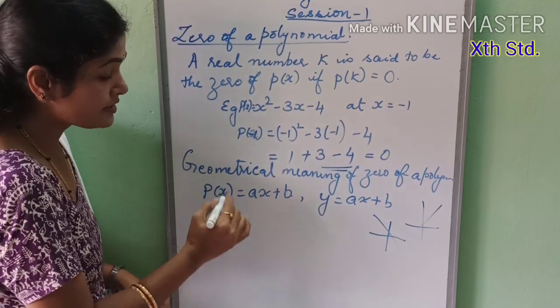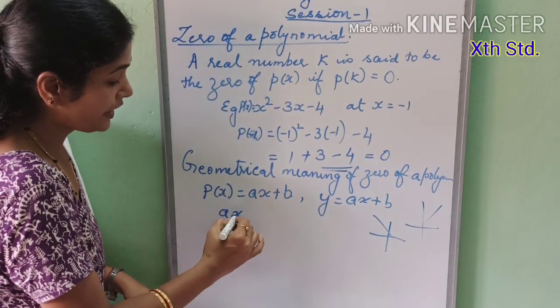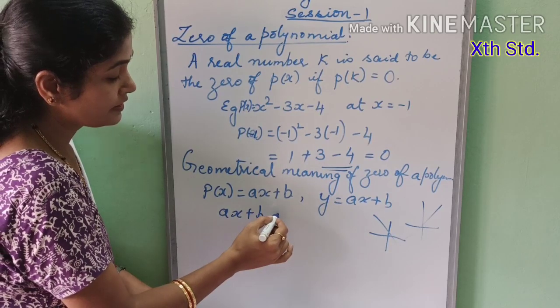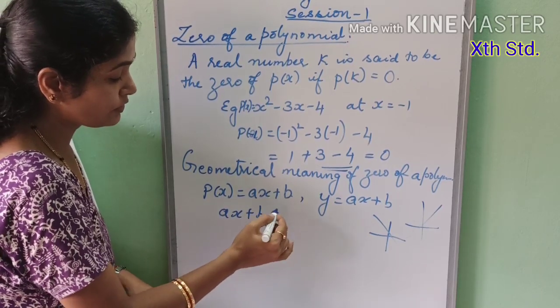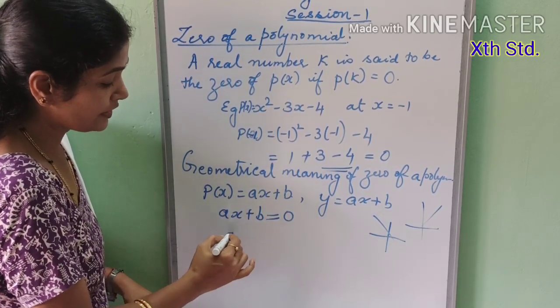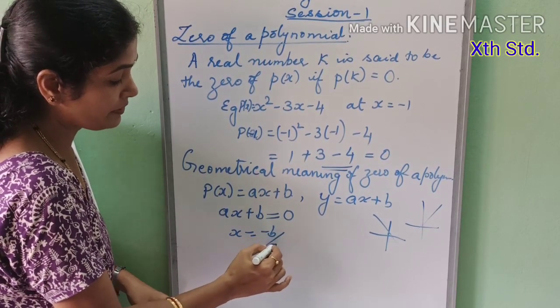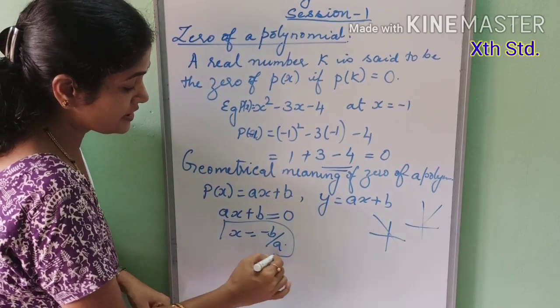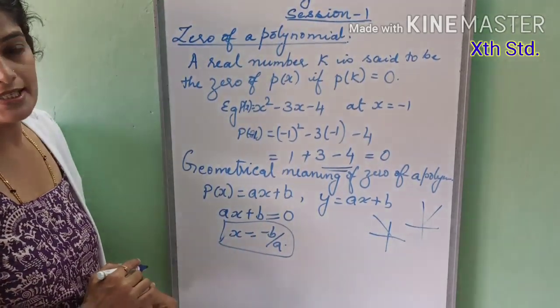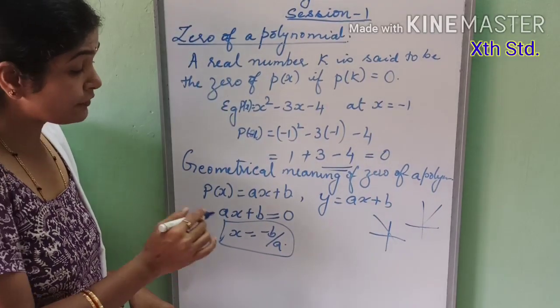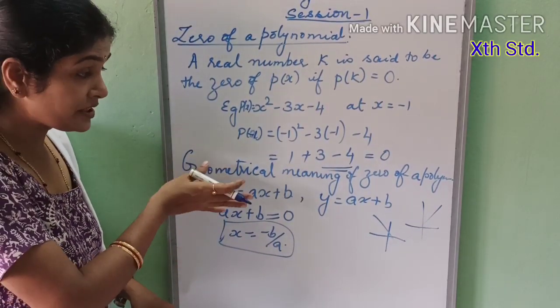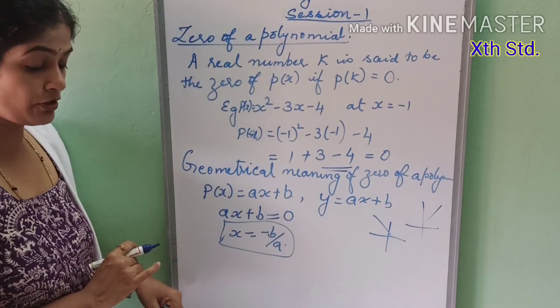Say that point is K. Then if you take ax plus b equal to 0, x is equal to minus b by a. The point at which it intersects the x-axis is minus b by a. So what is the geometrical meaning of the 0 of the polynomial?